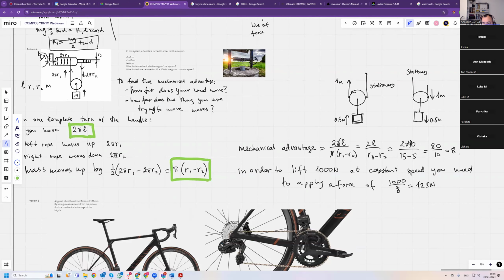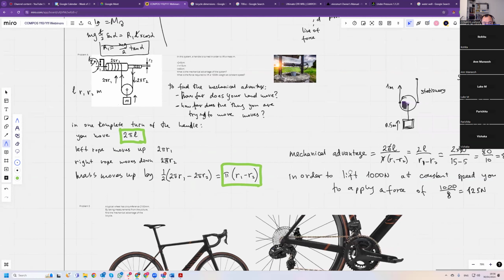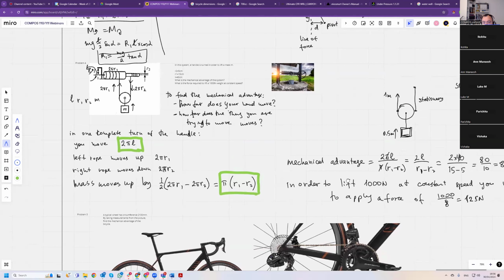And that works for any system. For any system, all you need to do is analyze how far you move and how far the system moves. That's it. That's quite cool, I think.